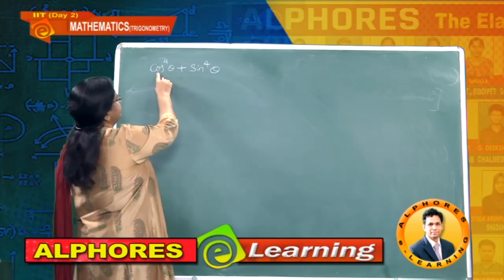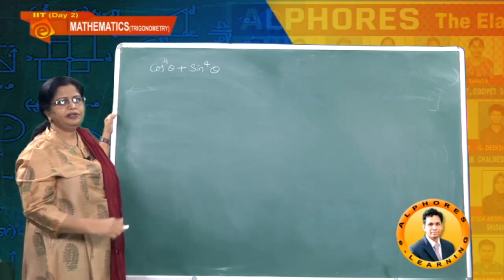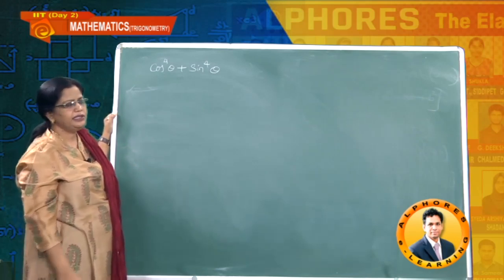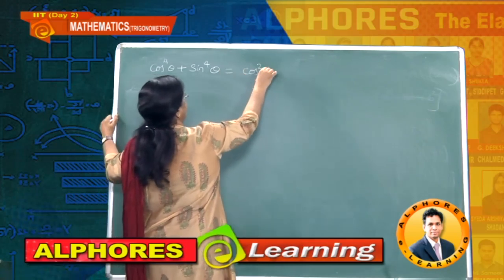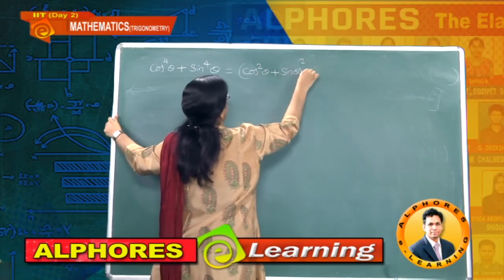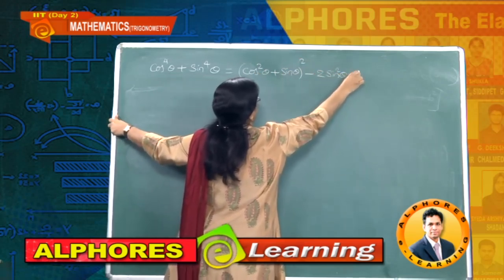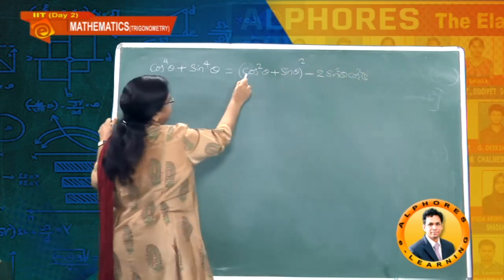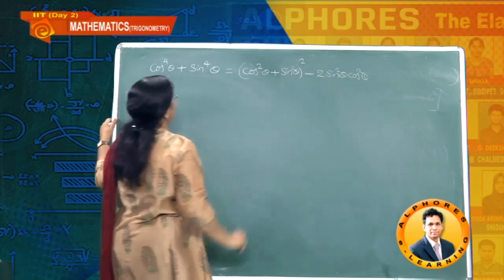Now this is cos power 4 plus sin power 4. We know cos square theta plus sin square theta is 1. So I can write this value as (cos square theta plus sin square theta) whole square minus 2 times sin square theta into cos square theta. So this one is (a square plus b square) whole square minus 2ab.